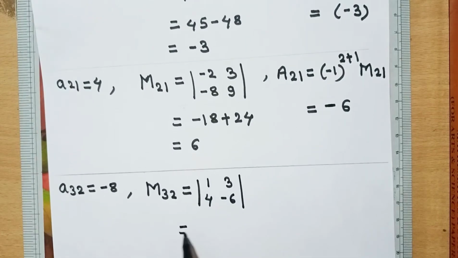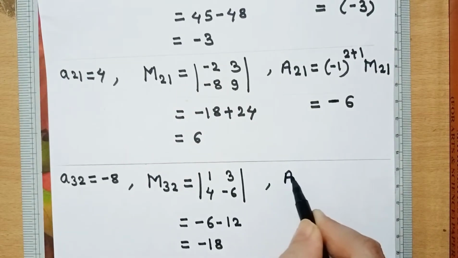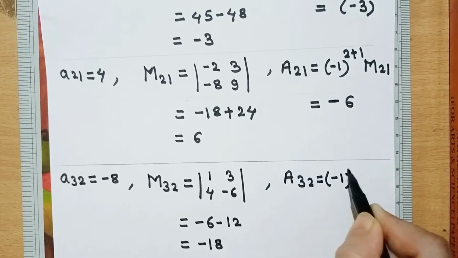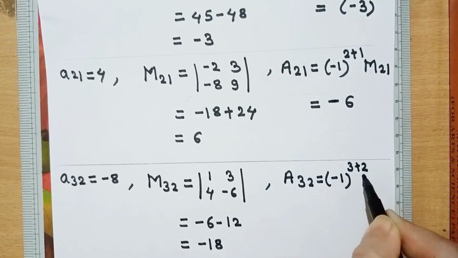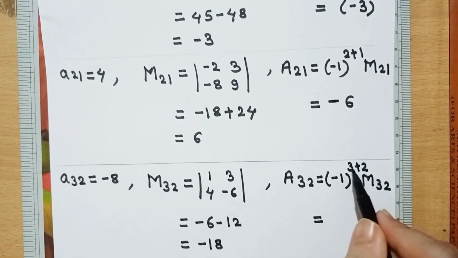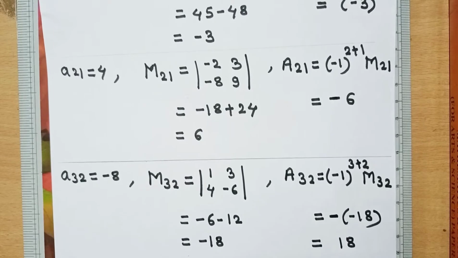Now simplify. So -6, and so that is equal to -18. And now find cofactor. A32 is equal to, write the formula, -1 raised to 3 plus 2, times M32. Now what I told, if this is an odd number, then write a minus sign for this. So M32 is -18, and so that is equal to +18.